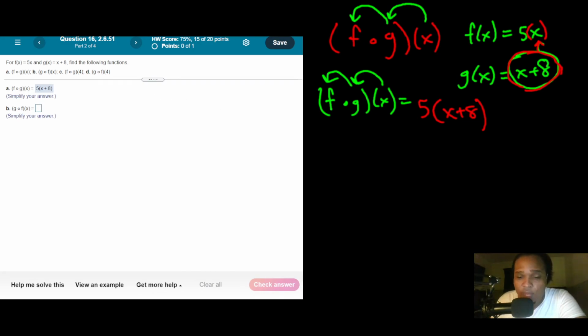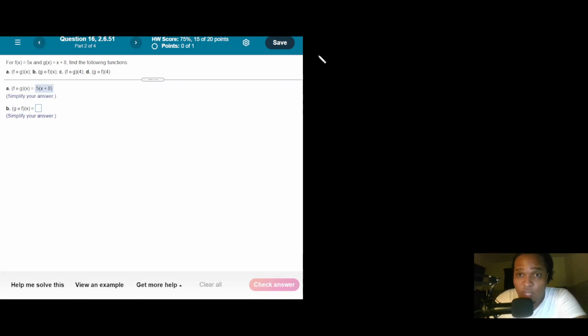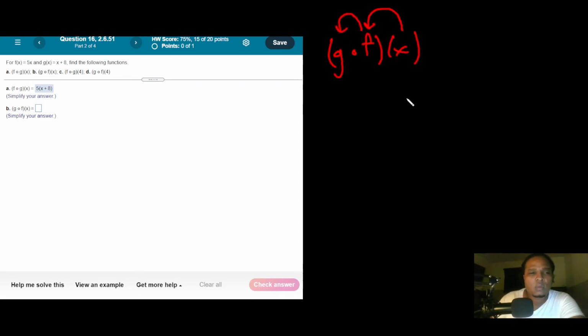So they want you to find g of f now. Very similar to f of g. So you have g of f of x. You're going to take whatever this is and plug it into your f, and then whatever that is, you plug it into your g. So let's do it.